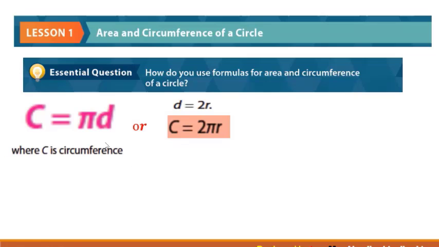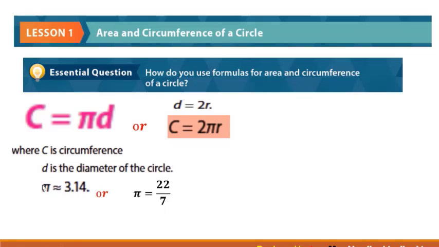Then we have to discover something. Again, C is my circumference, pi is 3.14, and D is my diameter. Pi is again 3.14, or sometimes we have to know this 22/7, but most of the time we're dealing with the number 3.14. Now we have the formula for area.